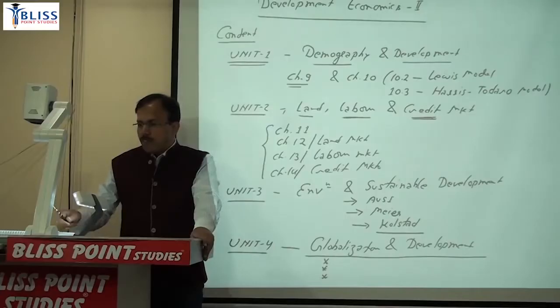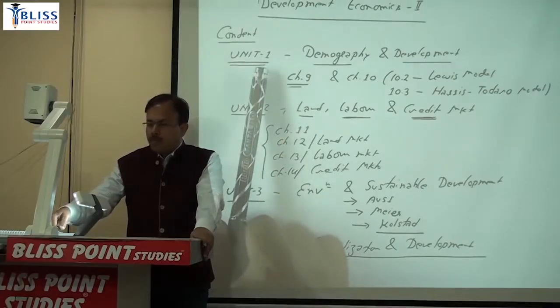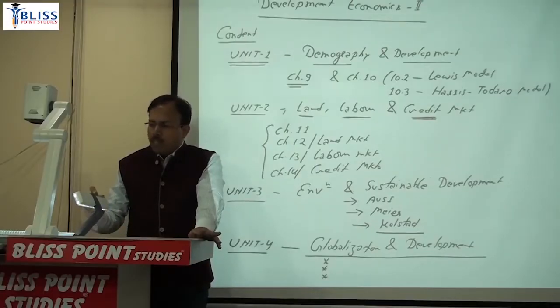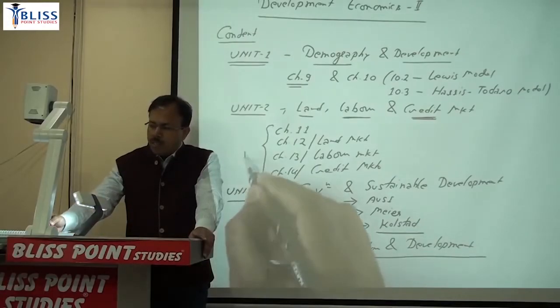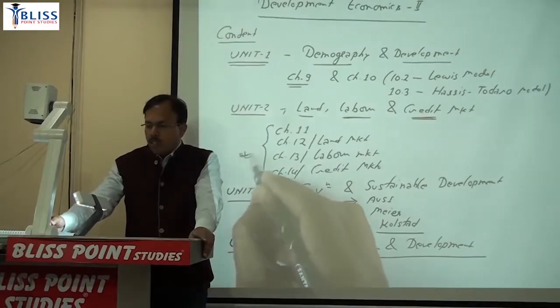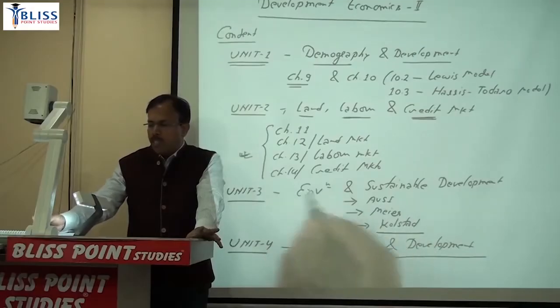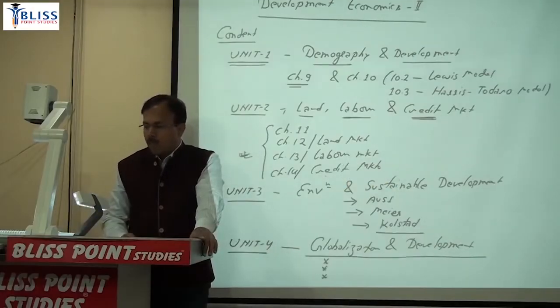Okay, we'll start with this unit number 1 and it will be taking less number of classes, but the main content will be this unit number 2. Second unit is basically taking bulk of the time, particularly this credit market, labor market and land market.